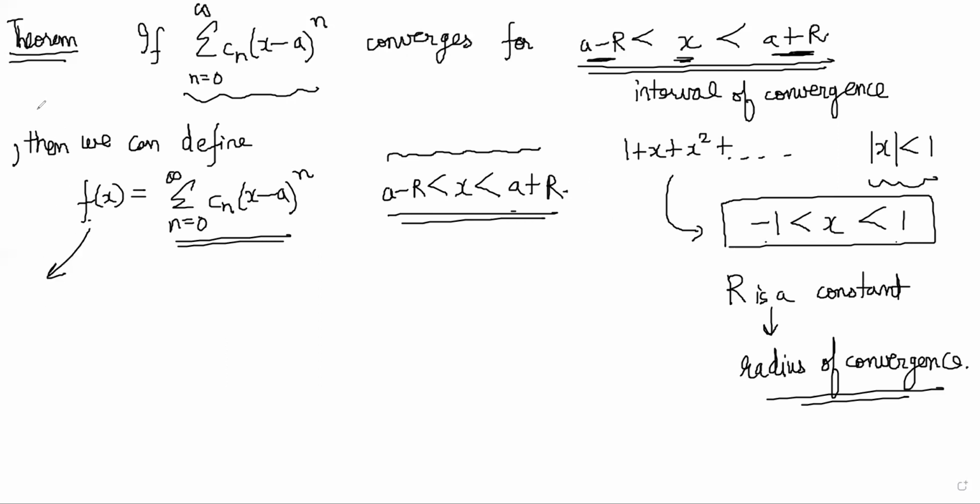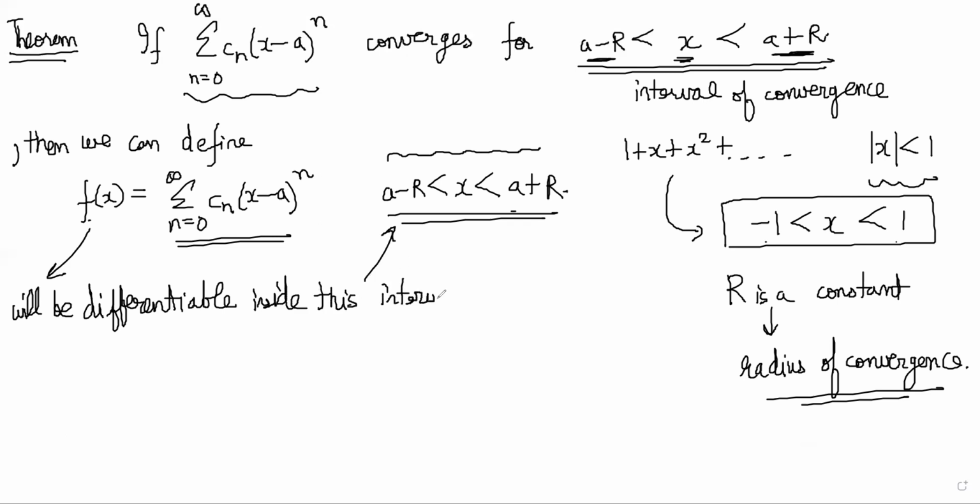The theorem says that this function will be differentiable inside this interval. And basically now you can differentiate it as you regularly do differentiation, and you can create a new series. F dash x will be what? F dash x will be summation n is equal to 0 to infinity.